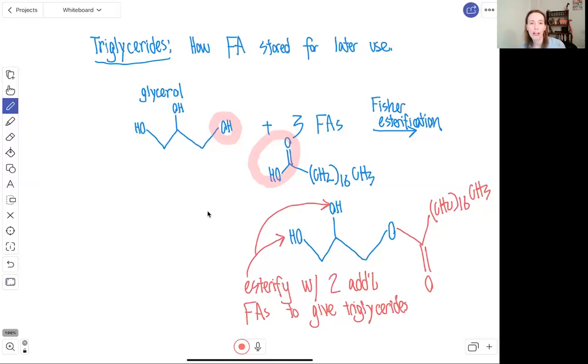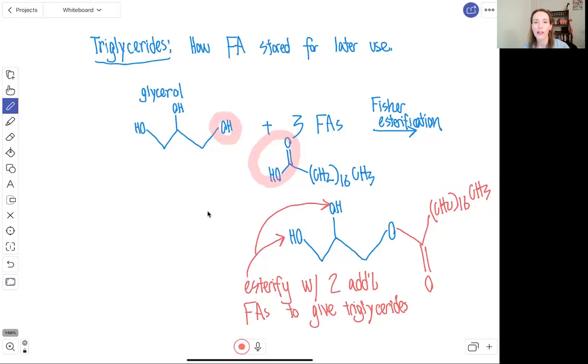For example, a couple of saturated fatty acids, which is what we've drawn here because we have just carbon-carbon single bonds to make it saturated. Or it could be a mixture of saturated fatty acids reacting and unsaturated fatty acids that have 1 or more cis alkene group present in that long carbon chain.